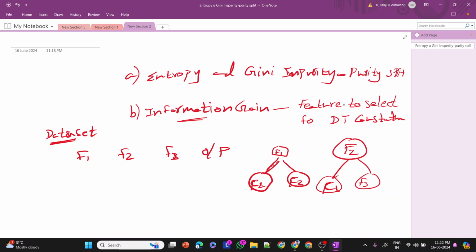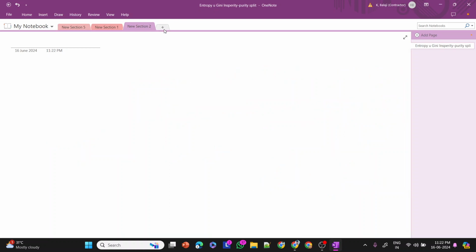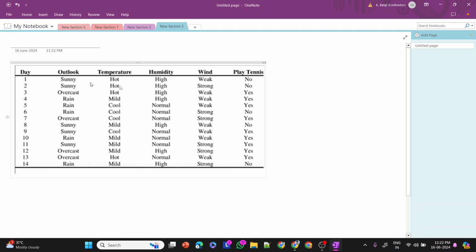And what is meant by purity split? Let's see with another example. This is the data set.